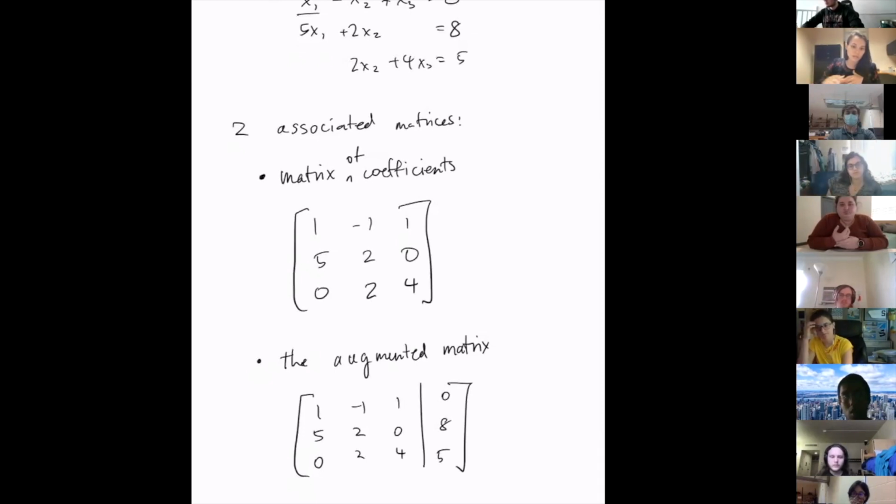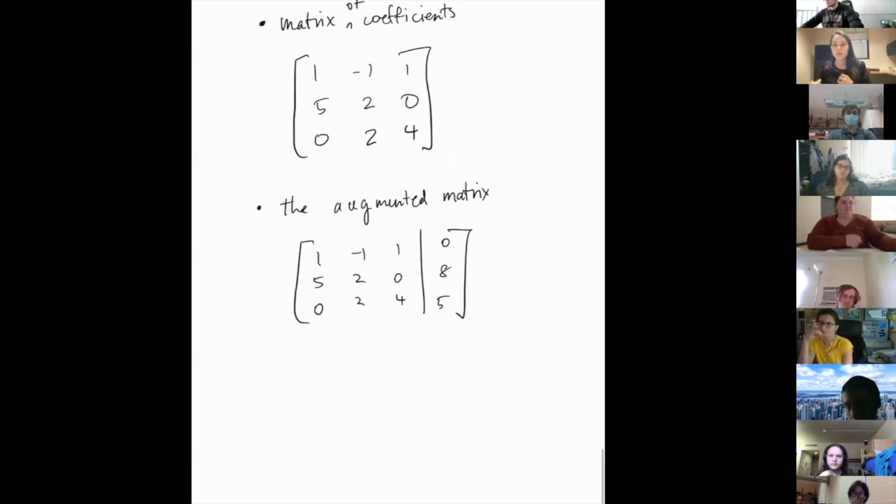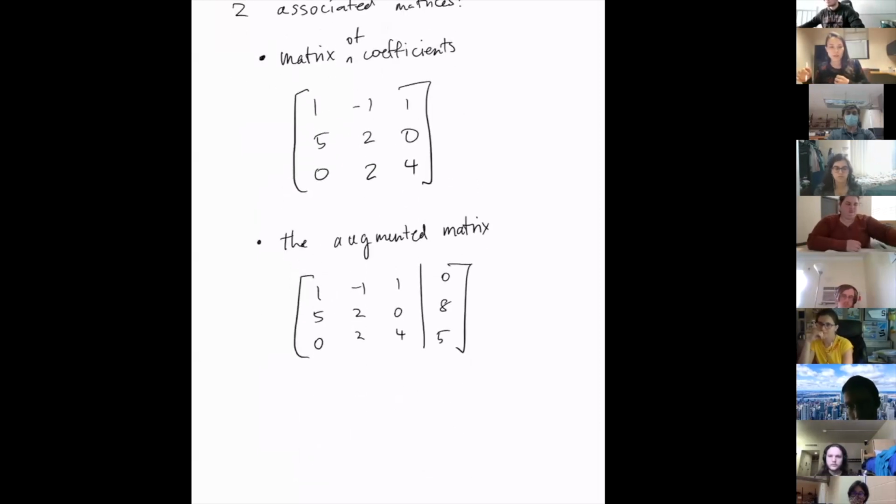So we can use this to solve systems in a more efficient way. If you look at the textbook in section 1.1, I think the first example, they go through solving a system using standard techniques and do that alongside using the matrix techniques that we'll learn.